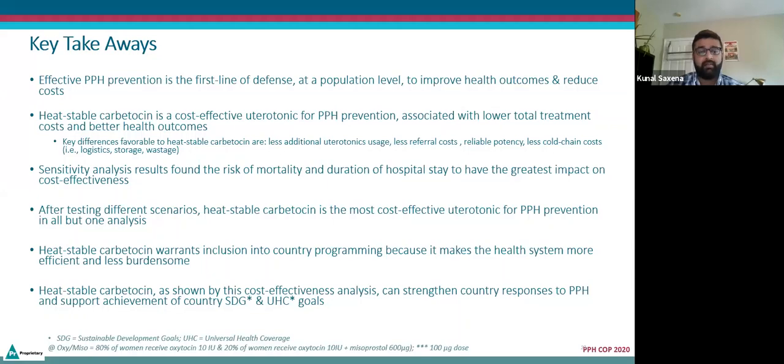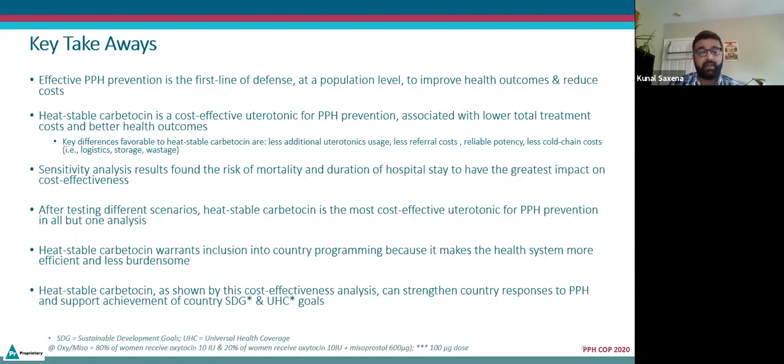Sensitivity analysis results: we found the risk of mortality and duration of hospital stay to have the greatest impact on the results of cost effectiveness. After testing different scenarios in our analysis, we found that heat stable carbetocin was most cost effective for PPH prevention in all but one analysis.